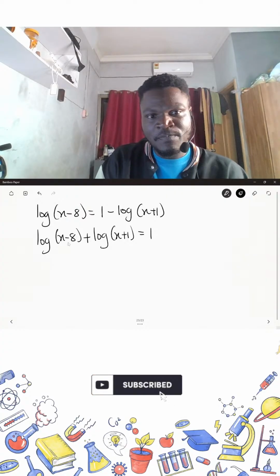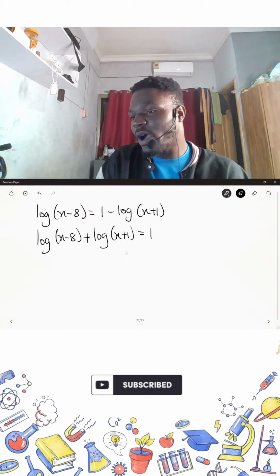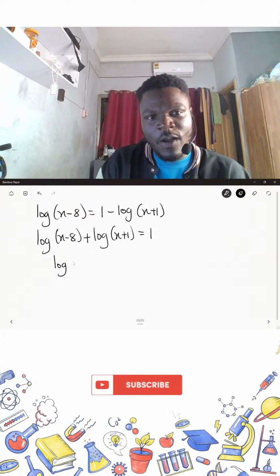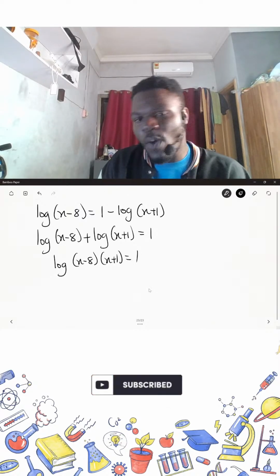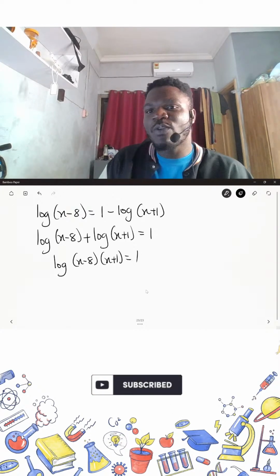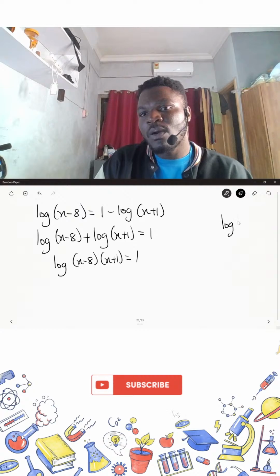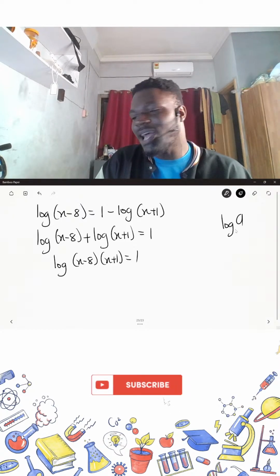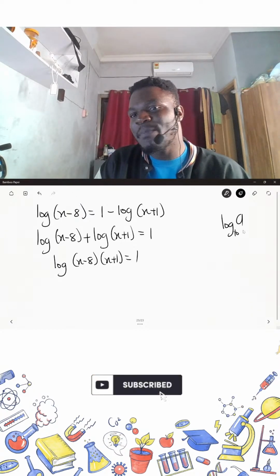So from here, we have addition between two logarithms. So we have log, then they will multiply each other. So we have x minus 8 times x plus 1, and this is equal to 1. Now, when you are given a log without a base, automatically the base is 10.